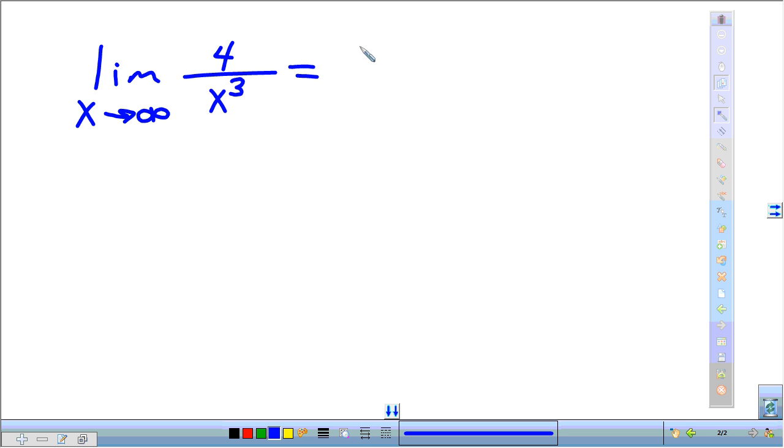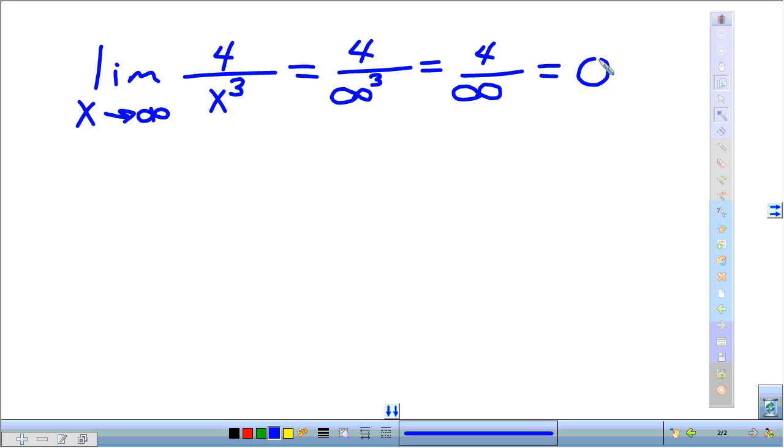And so we would write, by evaluation, 4 over infinity cubed. Or 4 over infinity cubed is essentially just large, again, infinity. And the reciprocal of infinity, we found out, was 0. So we get that limit.